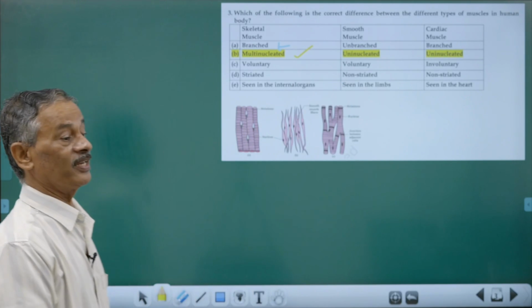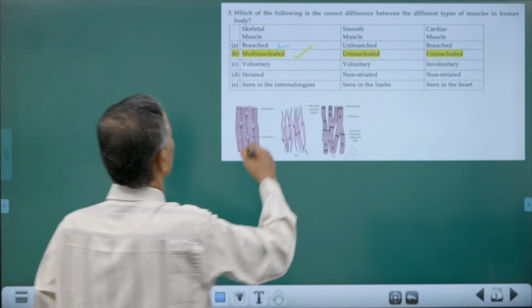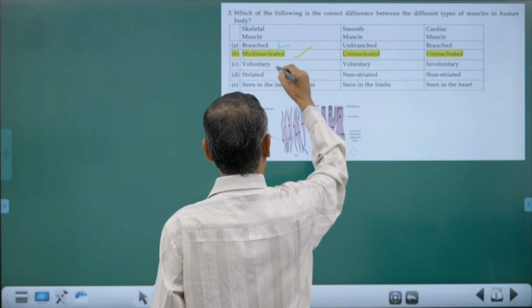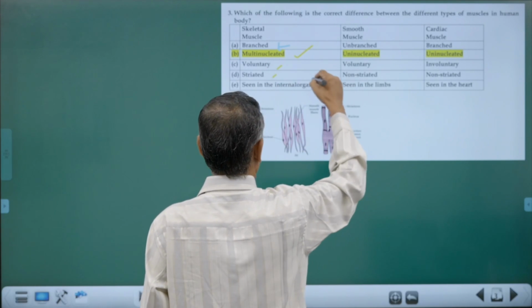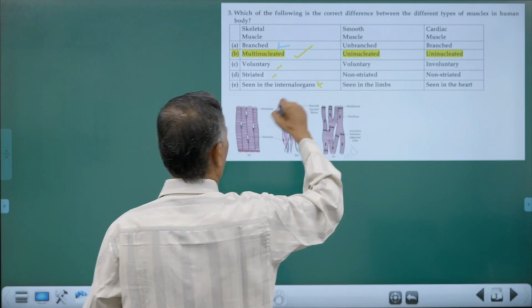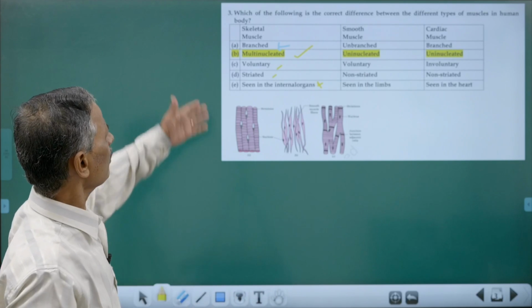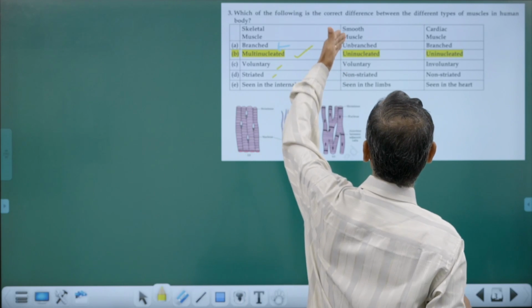Because there is no intercellular septum. It is a syncytium. They are all voluntary. This part is correct. They are all striated, correct. Seen in the internal organs is wrong. They are all attached to the bones. That is why they are called skeletal muscles. So that is wrong.